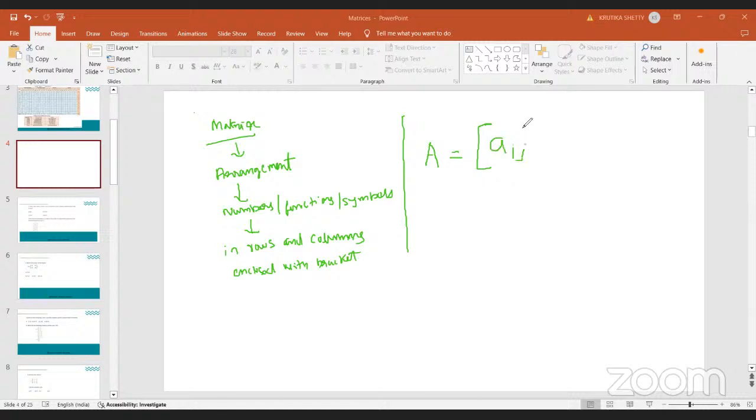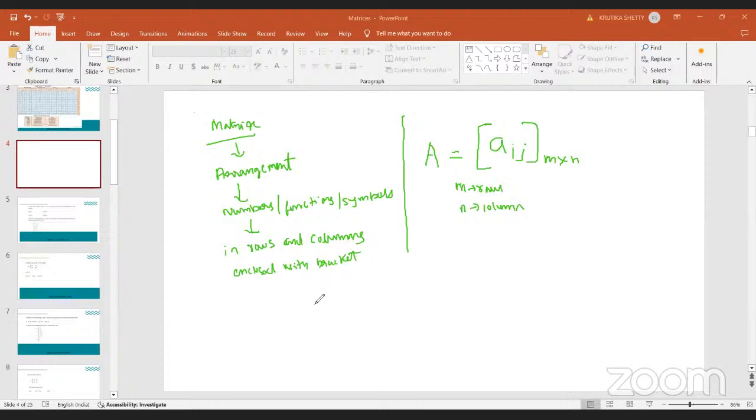This is the standard form or general form of a matrix: A = [aij] m cross n, where m indicates rows and n indicates the number of columns present in the matrix.